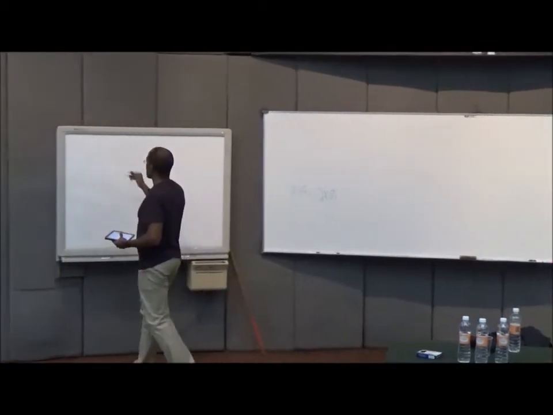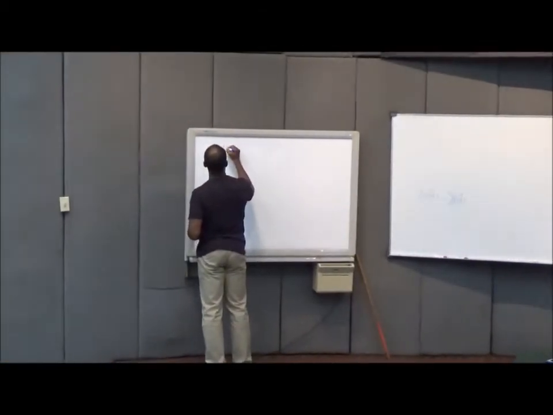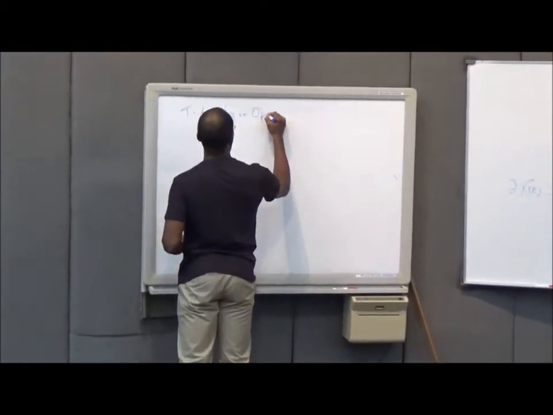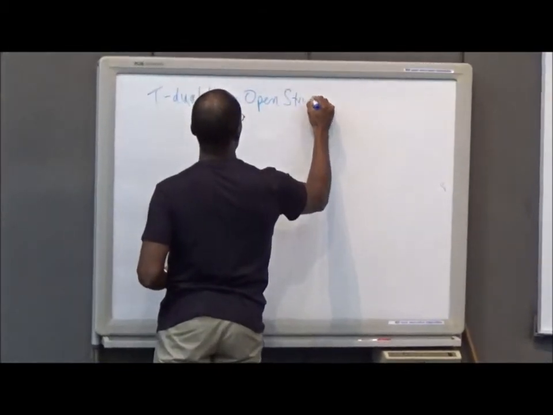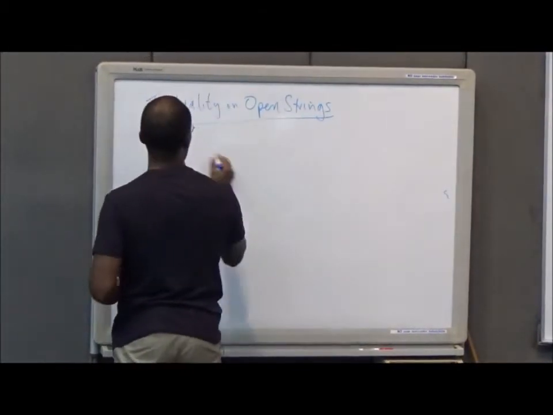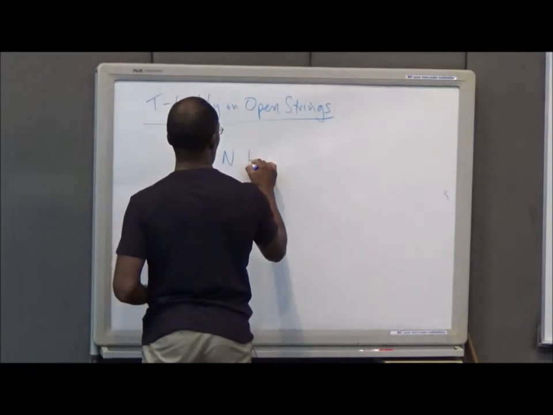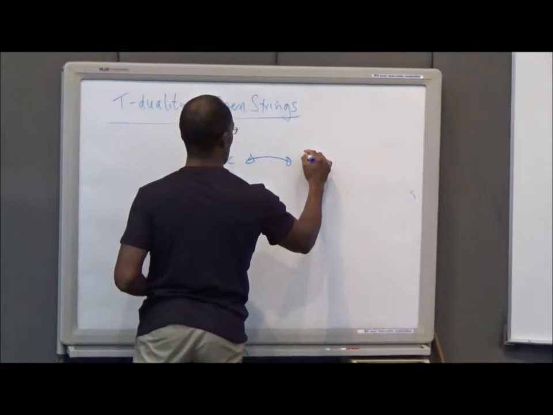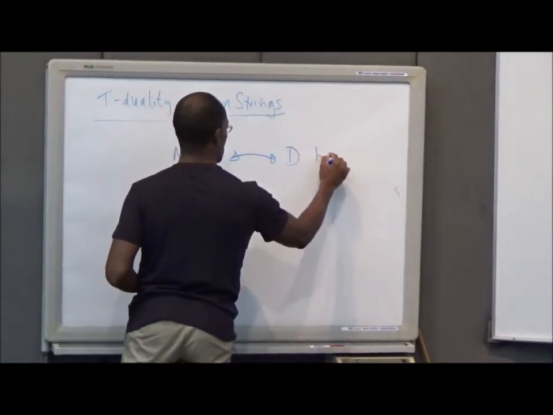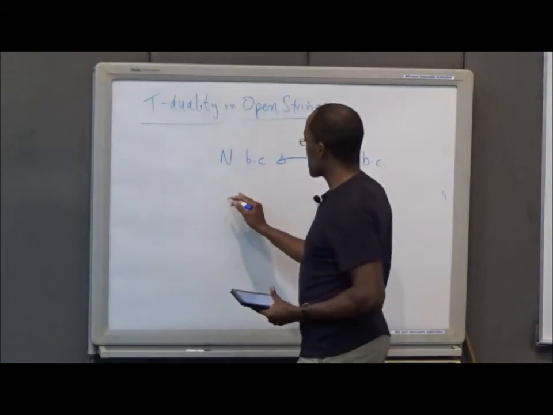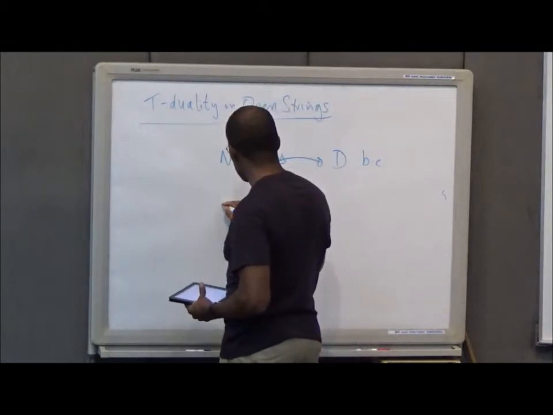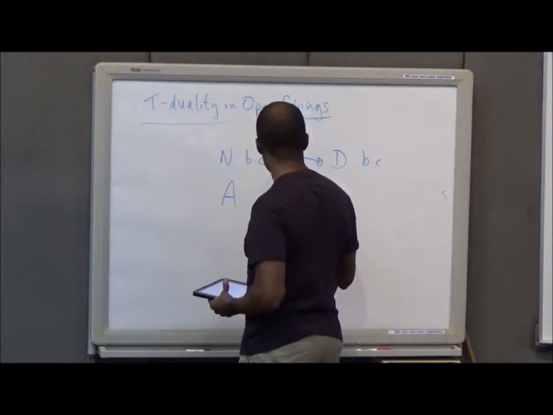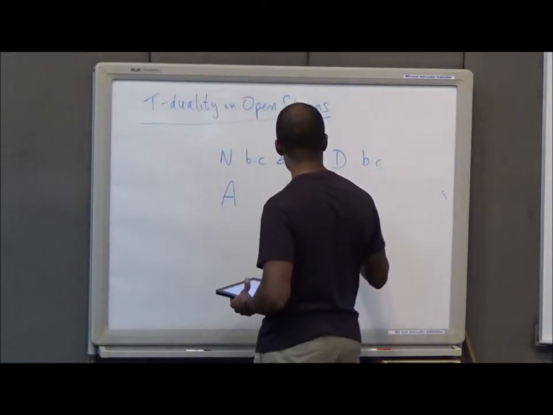So we should list that. Right? So T-duality: Neumann boundary conditions turn into Dirichlet. Things that we associate with gauge field information turn into information about positions.